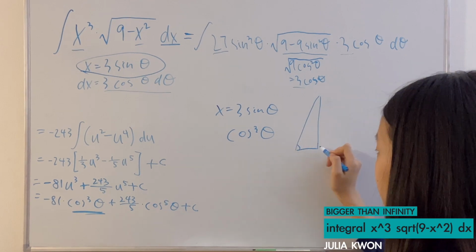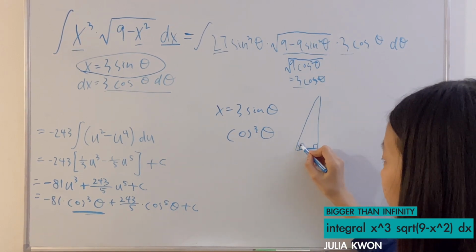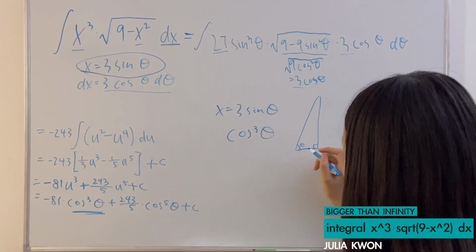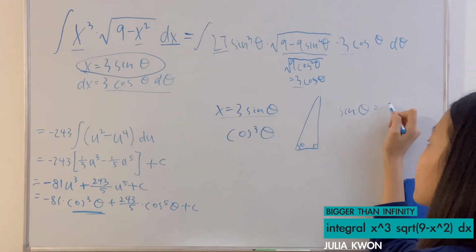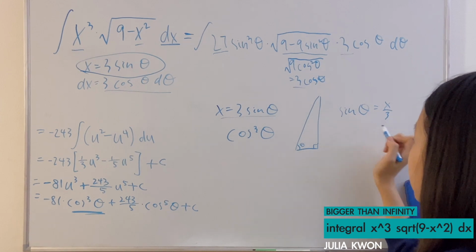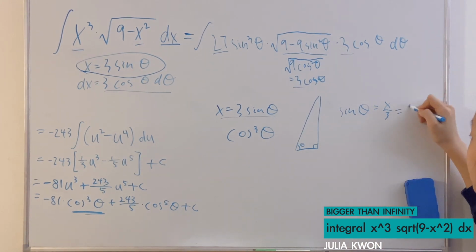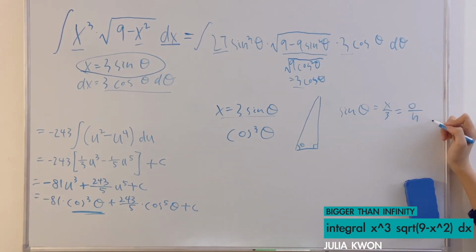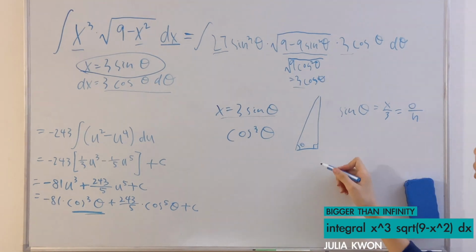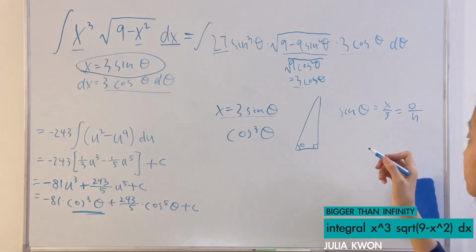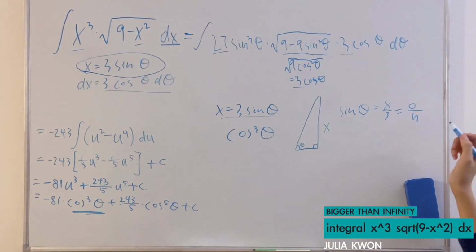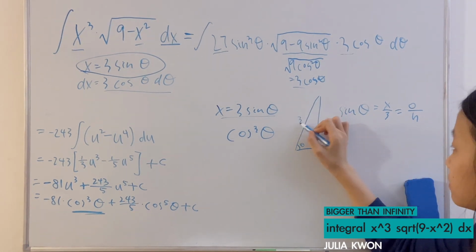If this angle is equal to theta, then sine theta is equal to x divided by 3, but sine theta is equal to the opposite over the hypotenuse in this right triangle. So that means that the opposite is equal to x, and the hypotenuse is 3.